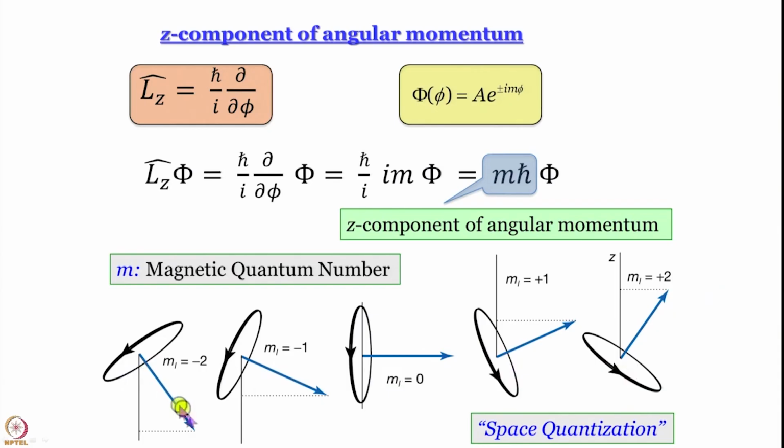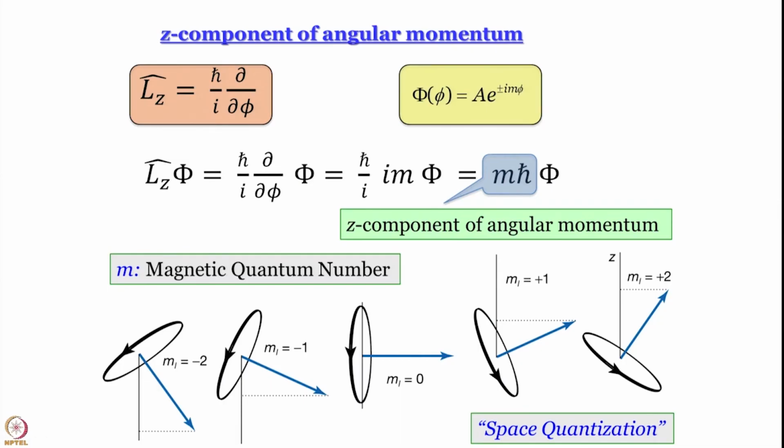See, the length of the arrow is the same for all, right. What determines the length of the arrow, or in other words the magnitude of the angular momentum? We will come to that shortly. What we are saying is that given a particular total angular momentum, the orientations it can take up in space are determined by the values of m. Okay?